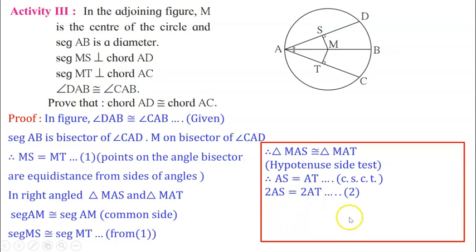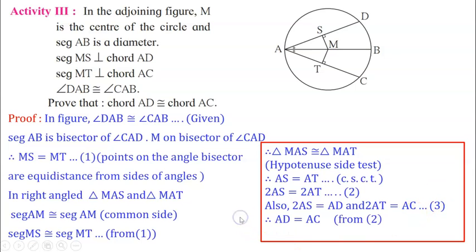And 2 times AS is nothing but AD and 2 times AT is nothing but AC. Therefore, from 2 and 3, we have AD is equal to AC. Means chord AD is congruent to chord AC. And in this way, we have completed this activity.